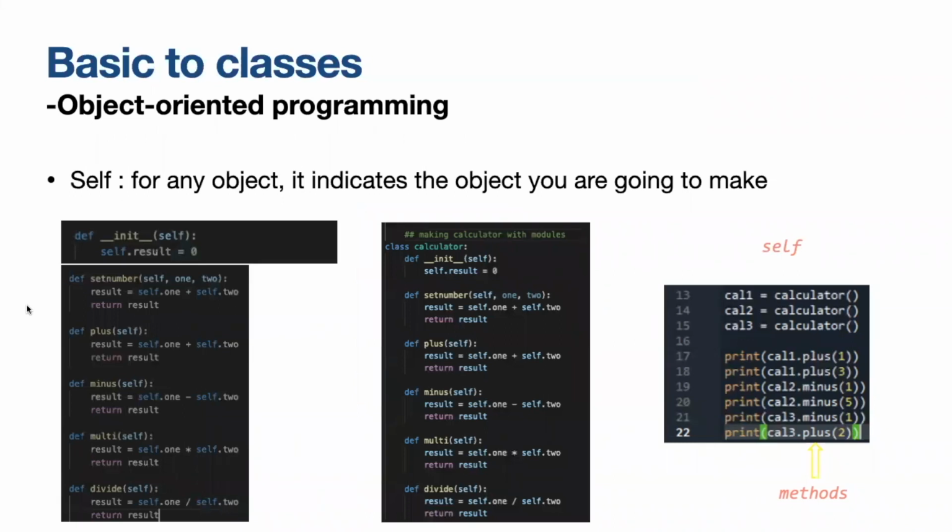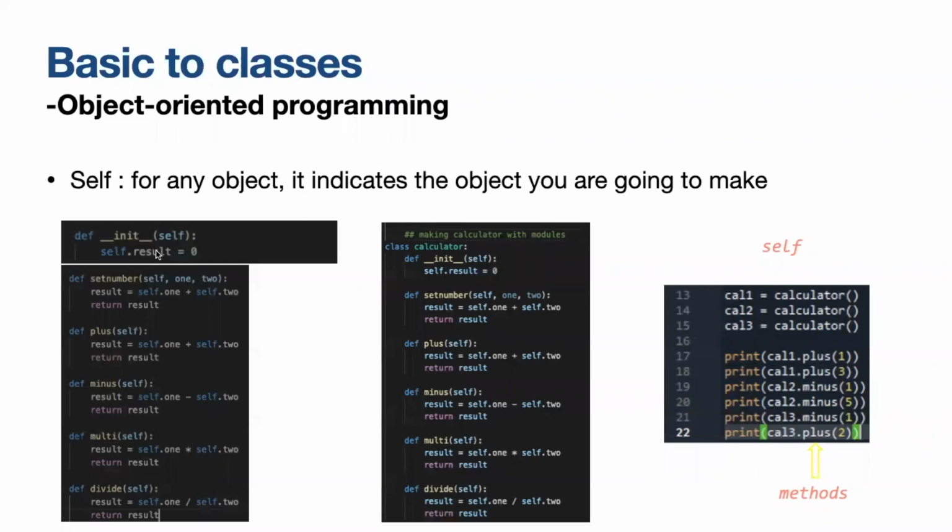So now I'm going to explain the basic stuff about the class. This self is used for any object, so it indicates the object you are going to make. And this init method, we call the constructor.